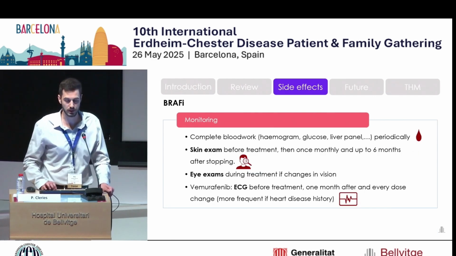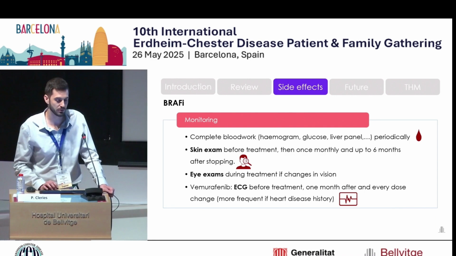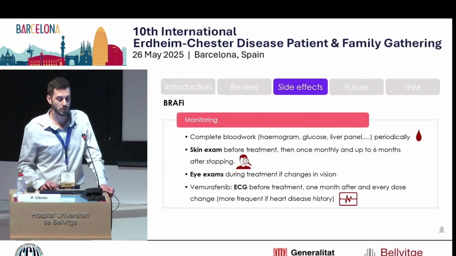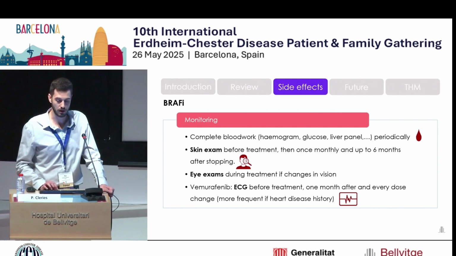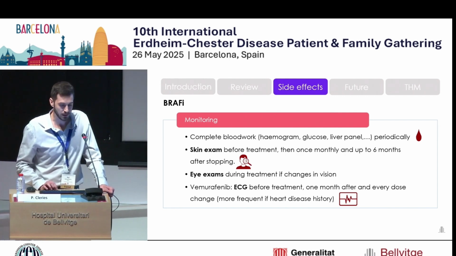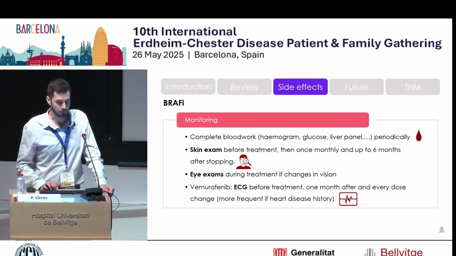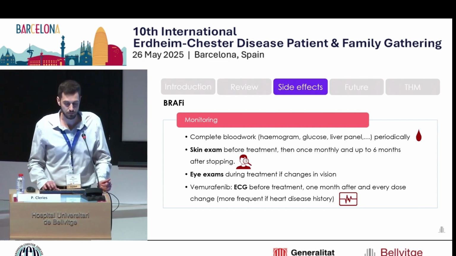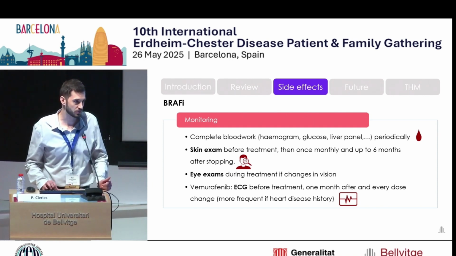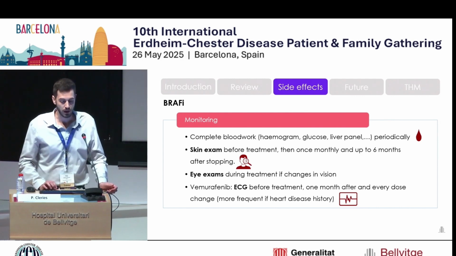So how do we monitor these side effects for the BRAF inhibitors? We need to complete blood work periodically as your doctor deems appropriate. A skin exam before starting any treatment, and then ideally monthly and up to 6 months after stopping the treatment, if stopped at all.